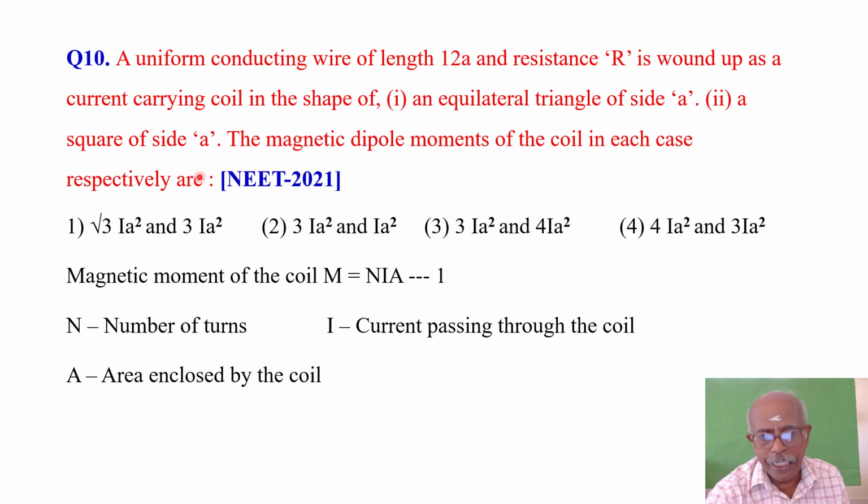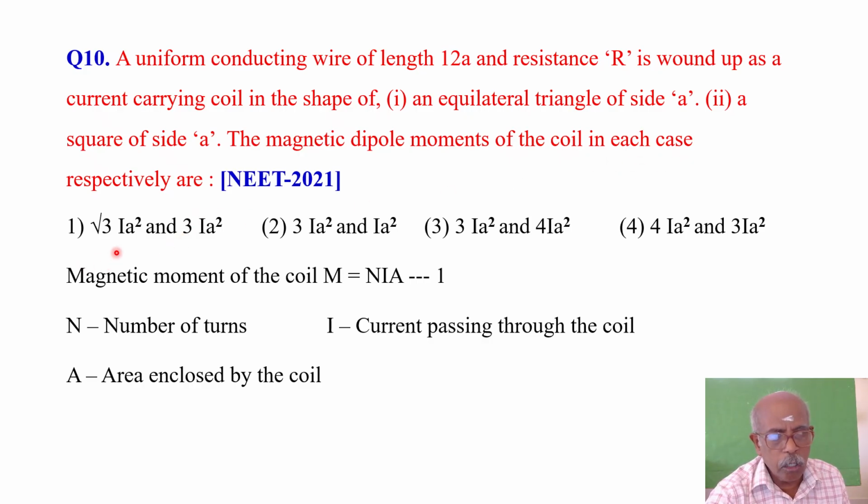In both cases, the current passing through the circuit is I, and you are asked to find the magnetic moment of the coil.